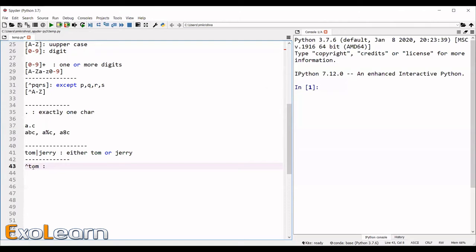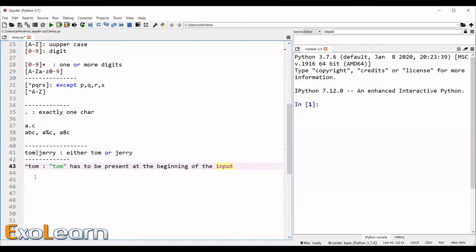Caret Tom means the string Tom has to be present at the beginning of the input. Suppose my input string should begin with Tom. If you insist on the position, we need to use that caret symbol.